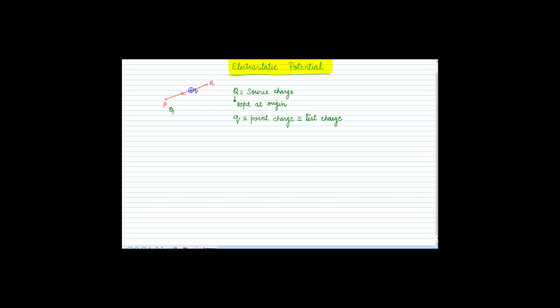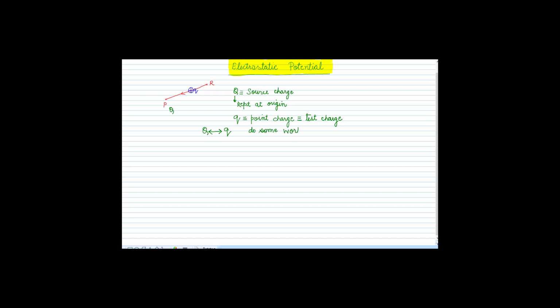If we want to bring this here, then we have to do some work against the repulsive force, because there is a repulsive force acting between the charge capital Q and small q. These repel each other, so if we want to bring small q close to capital Q, we have to do some work.